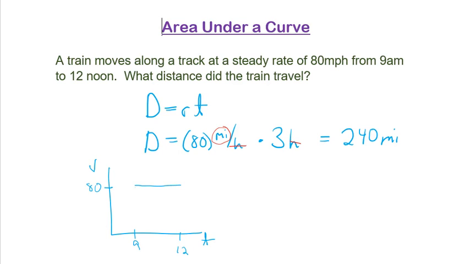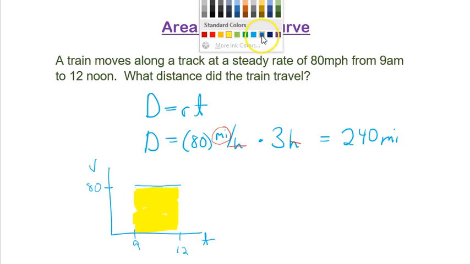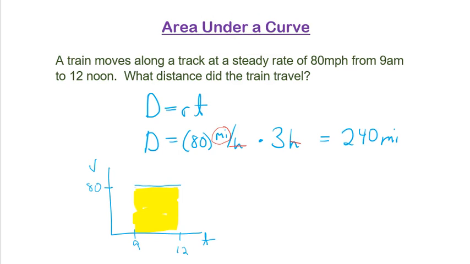Okay, now I want you to notice something. Think about the area under that line and between the 9 and the 12. So kind of imagine a little rectangle here. Okay, I want you to calculate the area of that rectangle. So area of a rectangle is length times width.